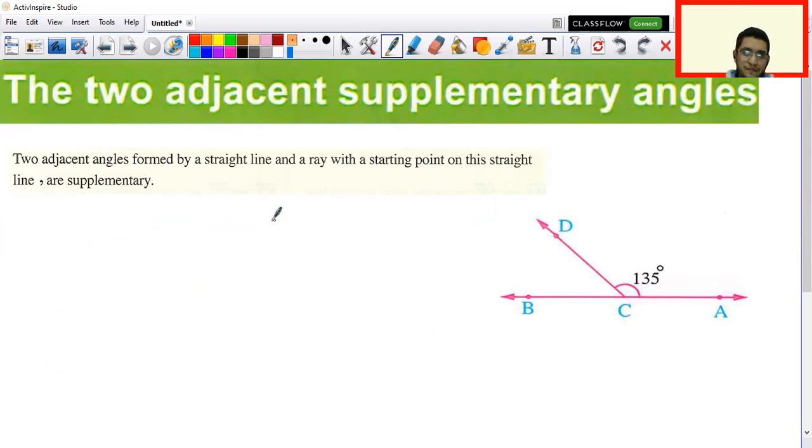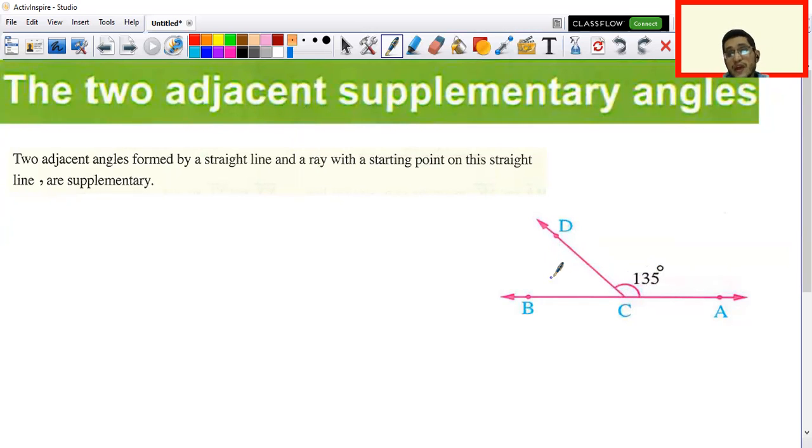Another concept, the two adjacent supplementary angles. The two concepts together, adjacent and supplementary. Adjacent means they have the same vertex. Here, the common vertex is C. They also have a common side. The common side here is ray CD.